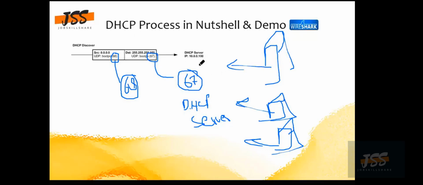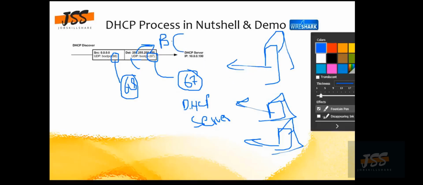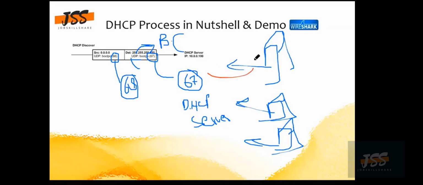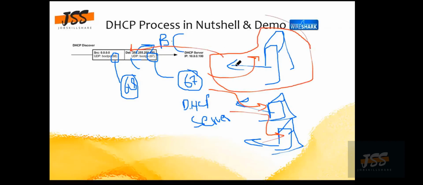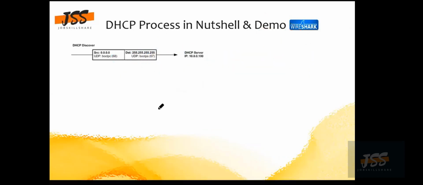I'm looking for the DHCP server which has port number 67, and it should work on UDP, and it could be any destination. 255 all means the broadcast. This server is going to receive, this server is going to receive, this server is going to receive. But whichever receives first is going to entertain your host machine.